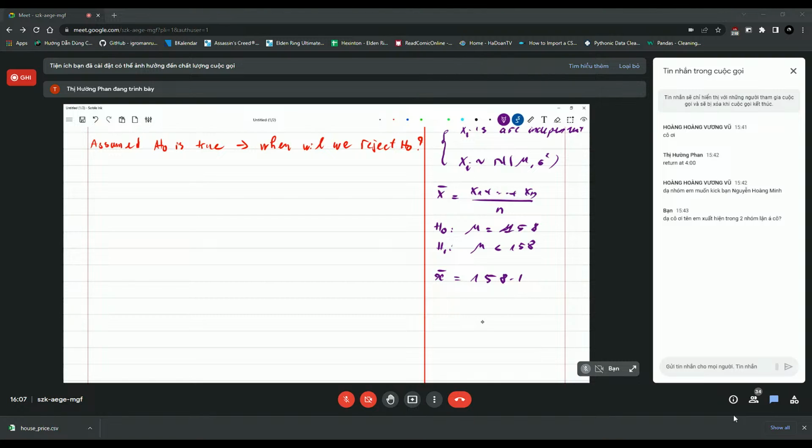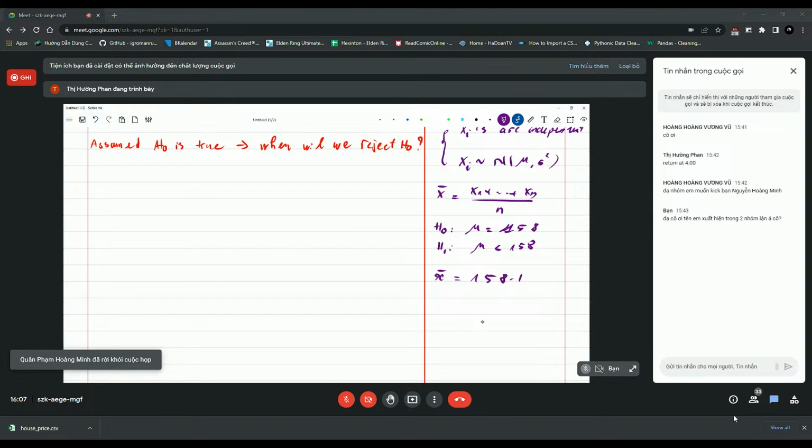So you may think that, okay, 158.1 is very close to 158, so we won't reject H0. We can have the confidence to say that the average height of students in our university equals 158.